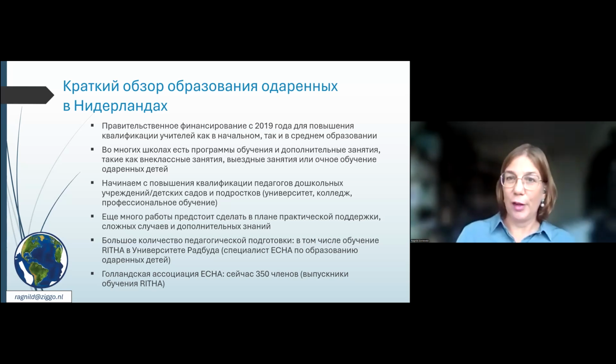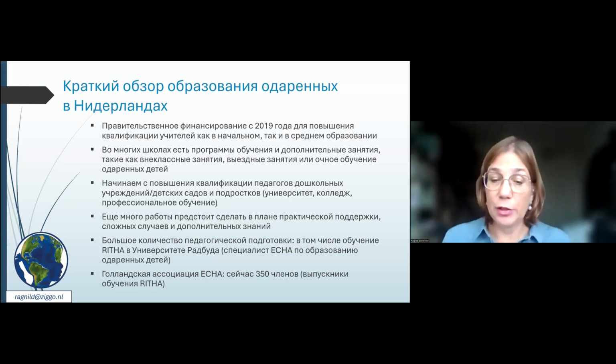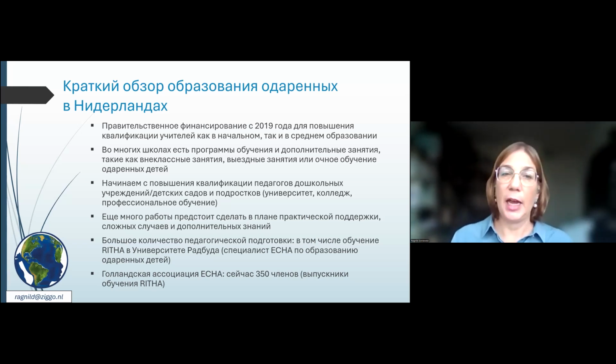Of course, schools have governmental funding for education, but we also got some extra funding for enhancing gifted education and professional development of teachers, both in primary and secondary education. And a lot of schools have taken part in programs to enhance this knowledge. They have knowledge now in the school, so they have specialized teachers, for example.